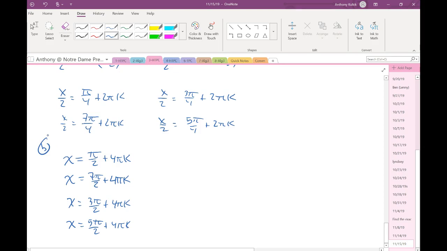There's my answer for B, because I can get the x by itself. Good with that?